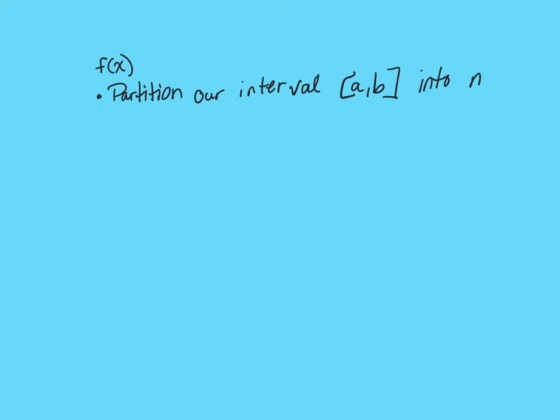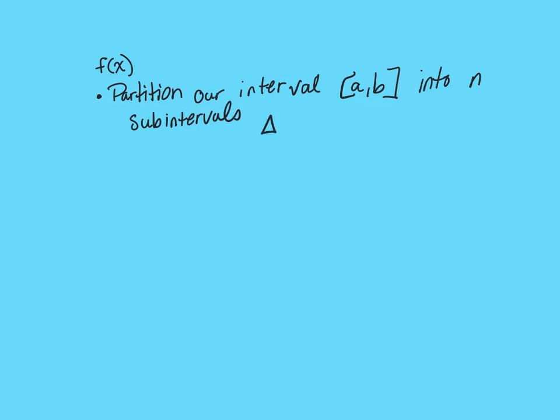Let's say that we have some function, f of x, and we want to approximate using Riemann sums. So the first thing that we're going to do is partition our interval from A to B into n subintervals.